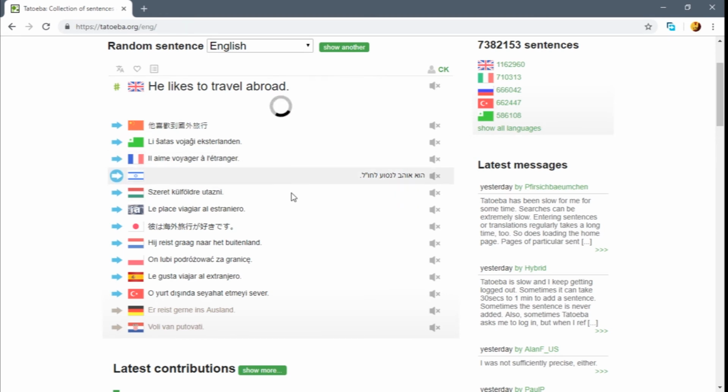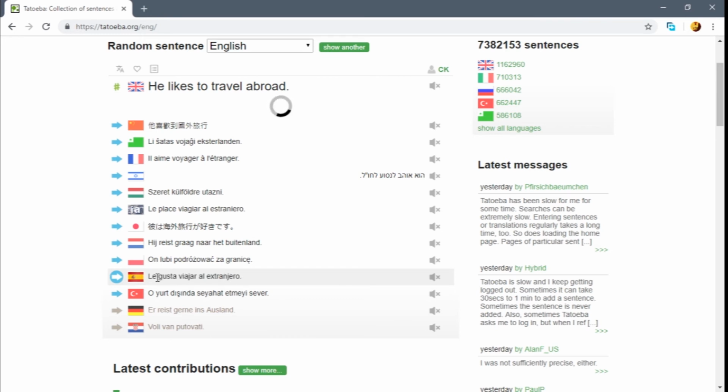Since that's translation, you see how I don't even notice how similar Portuguese and Spanish are most of the time, because there are so many things that I don't notice, to be honest. So le gusta viajar al extranjero would be the Spanish.